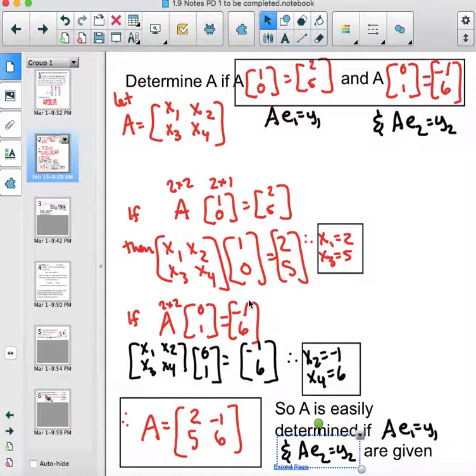You would do the matrix multiplication and you would come up with x2 is equal to negative 1 and x4 would be equal to 6. So A is easily determined. 2 and 5 are the first column and negative 1 and 6 are the second column, if you know AE1 is Y1 and AE2 is Y2, and they're given.